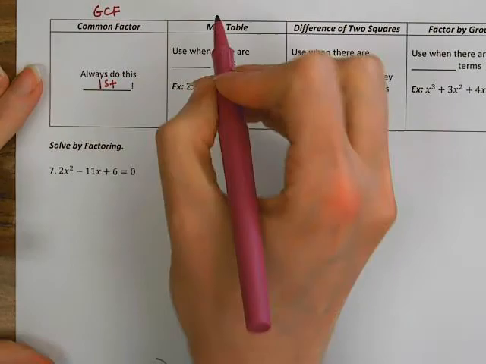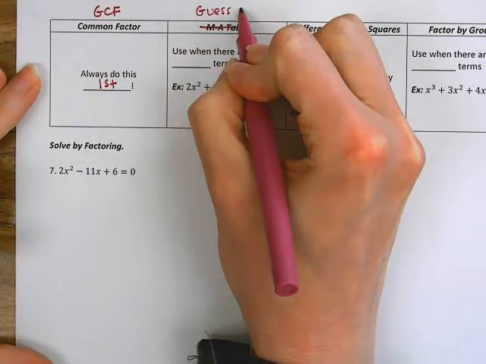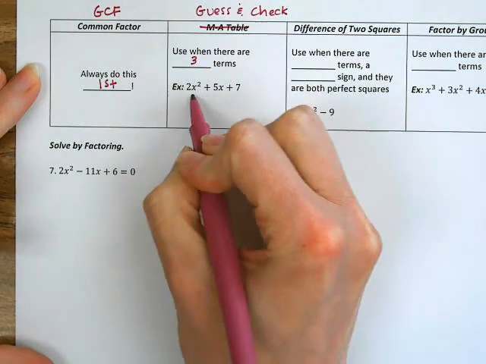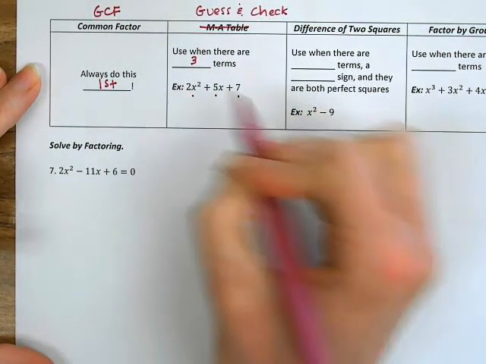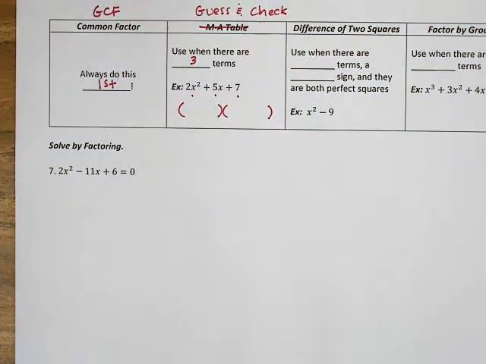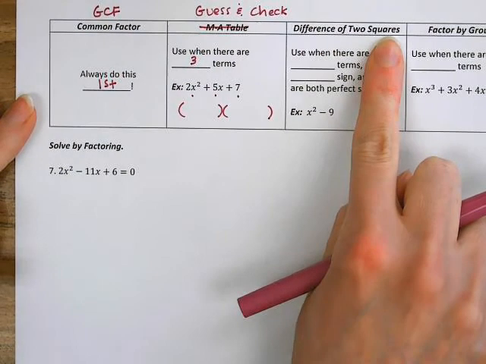Now, I do this a little bit different. Let's make this guess and check. So when it's a trinomial of 3 terms, you try factoring by guess and check. When there's a difference of 2 squares, right?